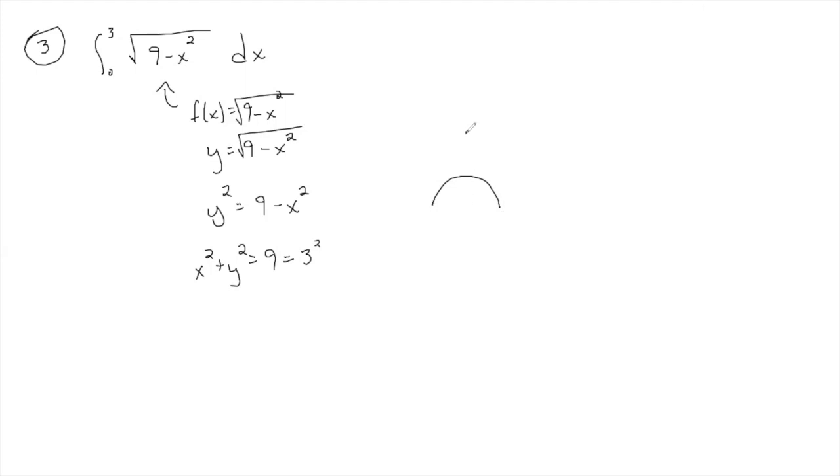Okay, so I have this. Here's -3. Here's +3. And here's +3. And I'm looking for the area under this curve. Except all I care about, coming back to my bounds here on my integral, is this.